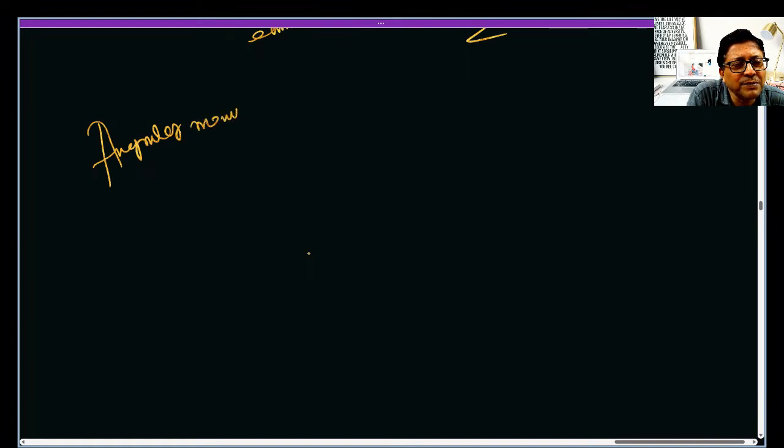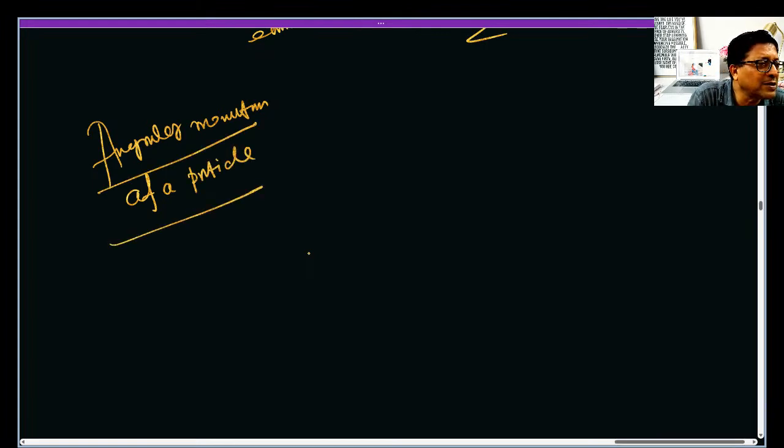Angular momentum of a particle. So moment of force you have understood. Rotational effect. Torque or moment of force, same thing. For rotation of a rigid body, torque is responsible. If translational equilibrium is established, then the rotation will be what?